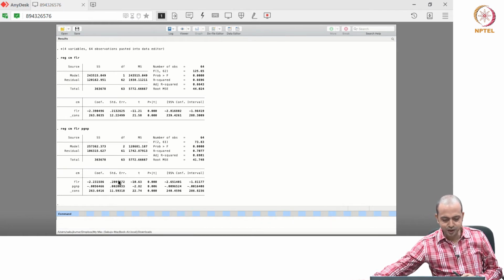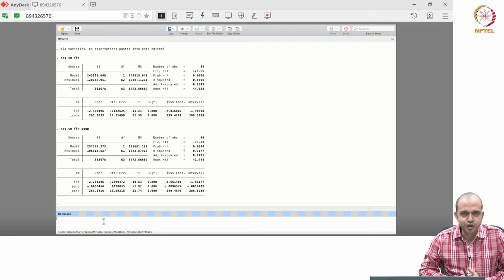So, if you square it up, that will give you variance of beta 1 hat, that means variance of this FLR, and variance of beta 2 hat which is nothing but the square of this, okay, and then you have to take 2 into covariance of this and this. Now, only the covariance part is not given here, that you have to additionally get, and for that we will be using a specific Stata command, and you have to remember the command for getting the covariance for these two variables, FLR and PGNP coefficients.